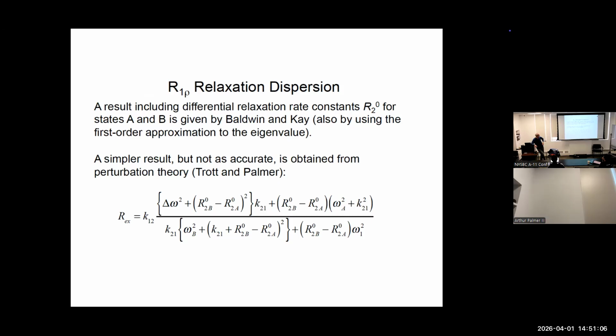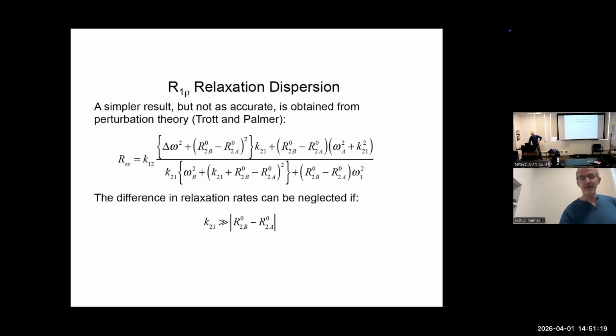If you look at this expression, you can figure out something important and qualitative about when the difference in R2s matters. And if you look at it long enough, you can see that the difference in the R2s is unimportant if the magnitude of that difference is less than the jump rate from the minor state back to the major state.